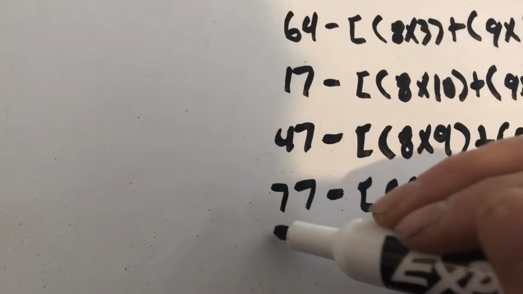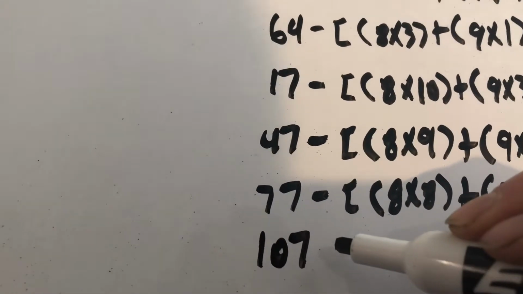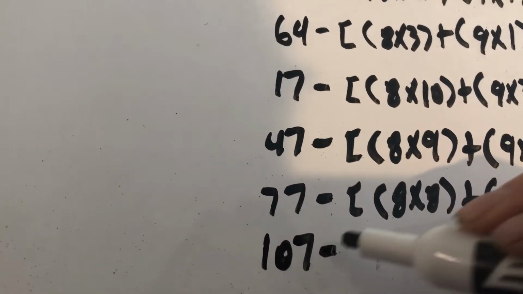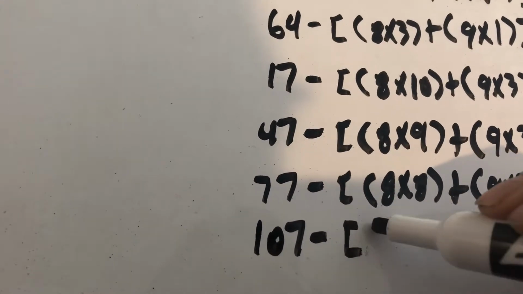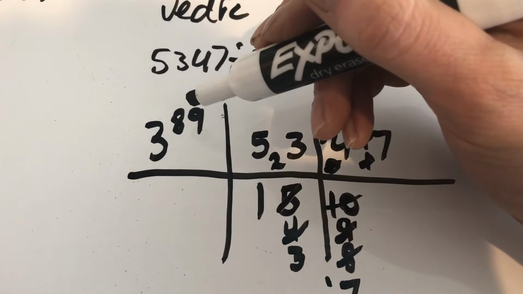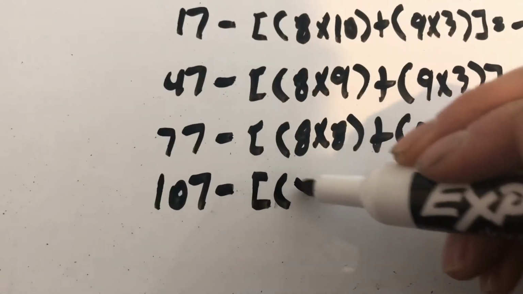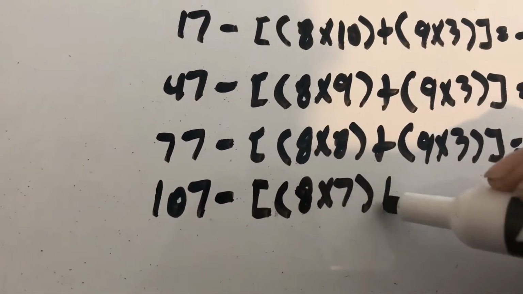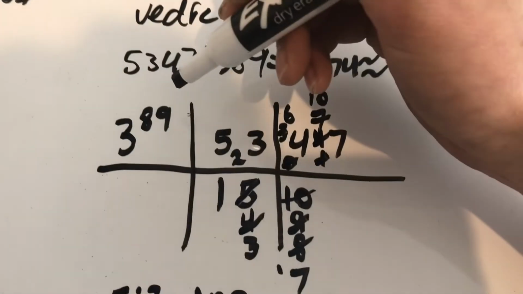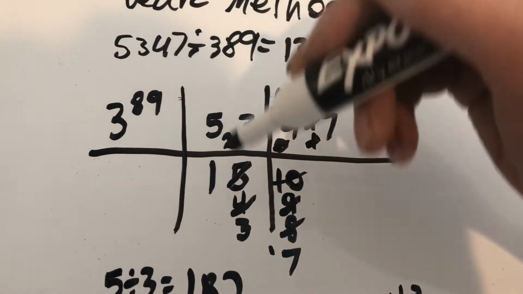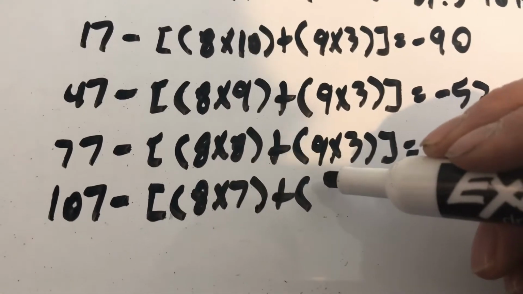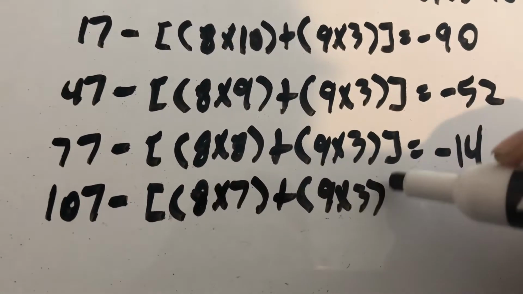So then we write right here, 107 minus, again, the first flag 8 times the third quotient 7. So now we got 8 times 7 plus the second flag 9 times the second quotient 3. So then we write 9 times 3.